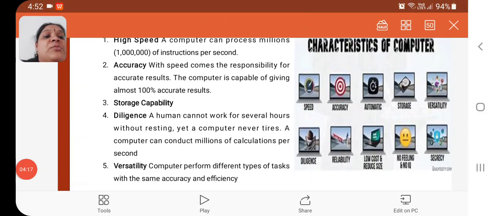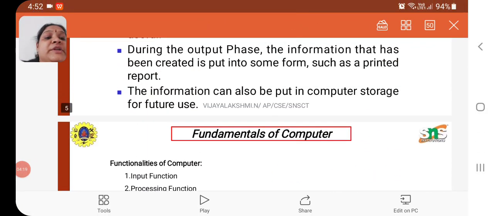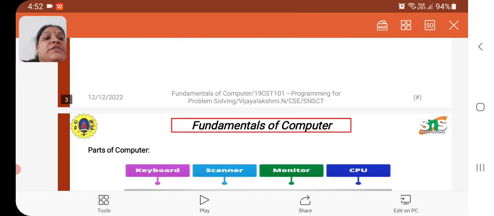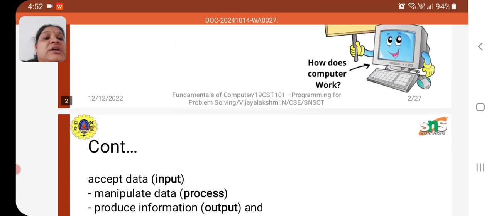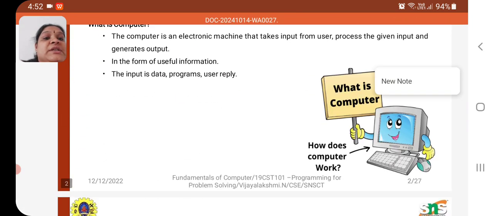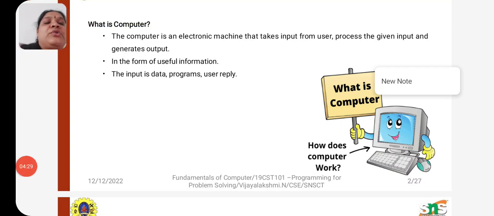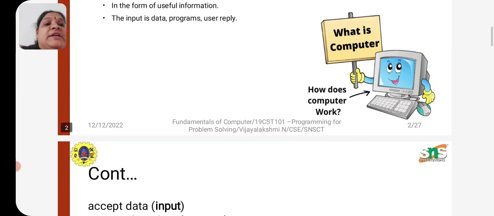So far we saw the introduction to the fundamentals of computer. First we saw what a computer is and what process it has. It takes input as the first process. Second, it converts that input into a specific form, manipulates the data, and processes it into what is called information.